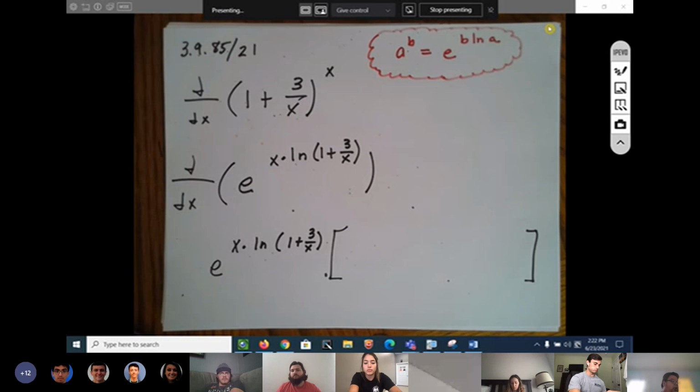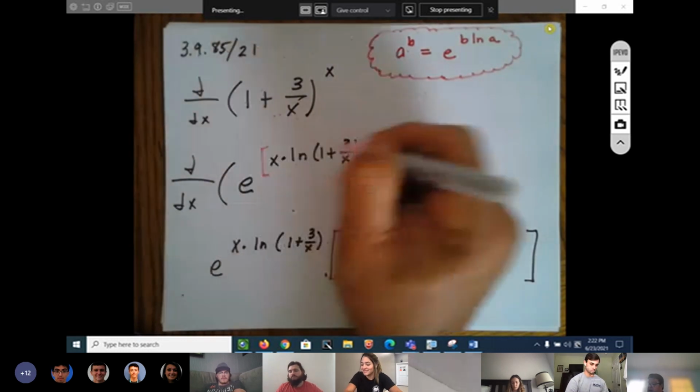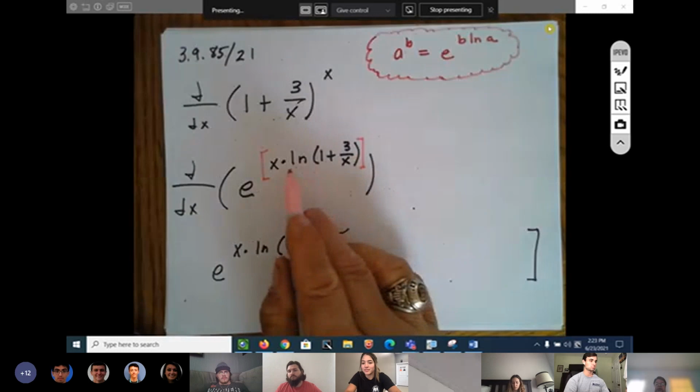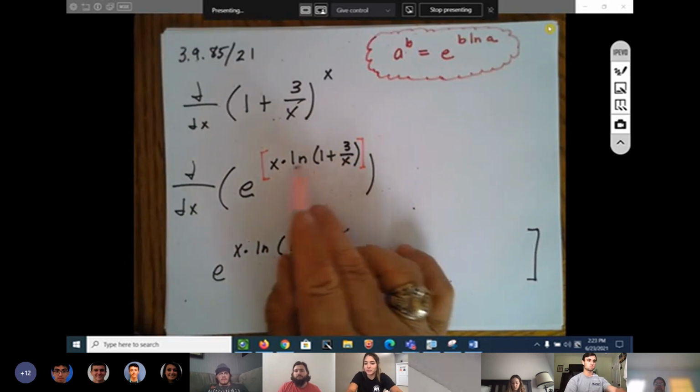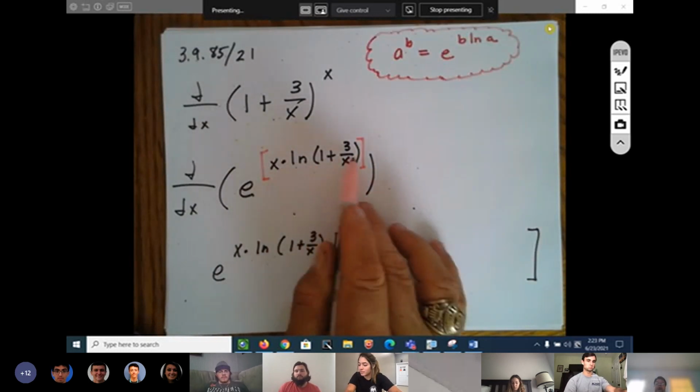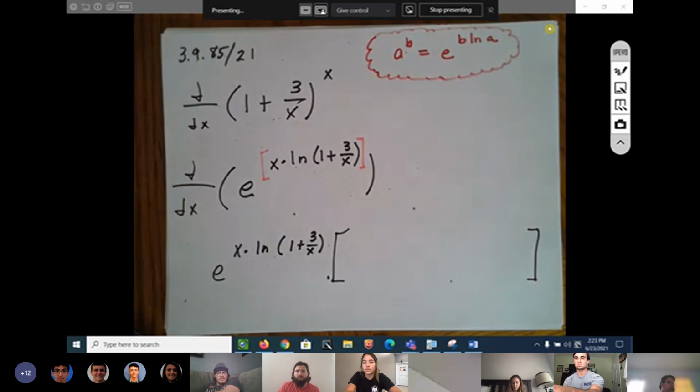Let me take my pink marker. And this right here is what's inside. How am I going to take the derivative of this? Use the what rule? Product rule.